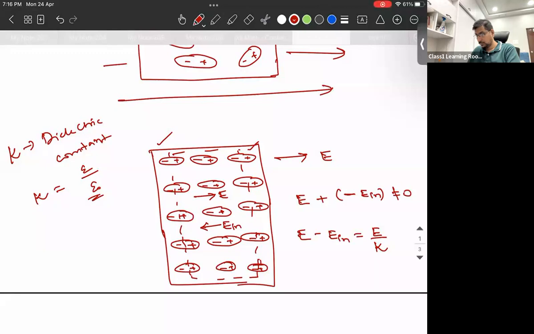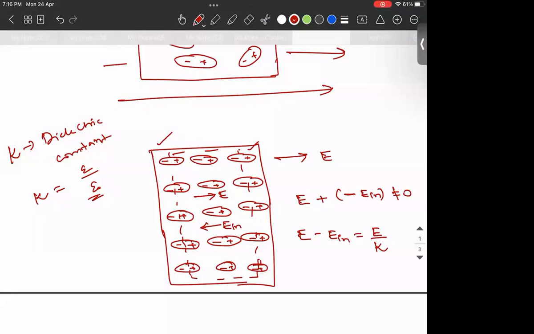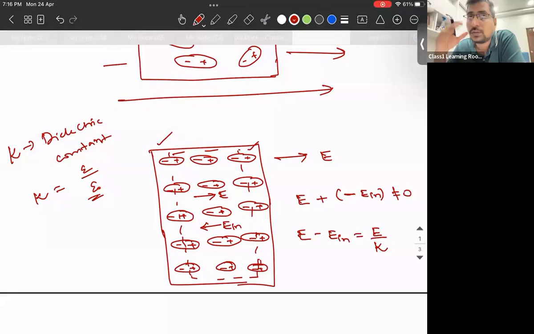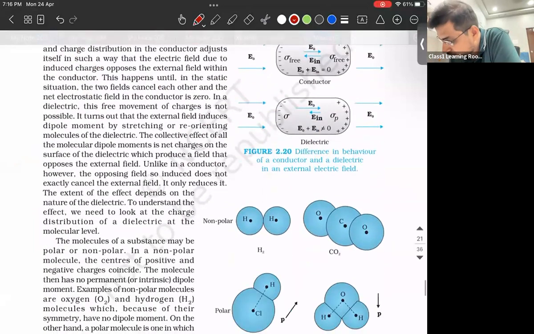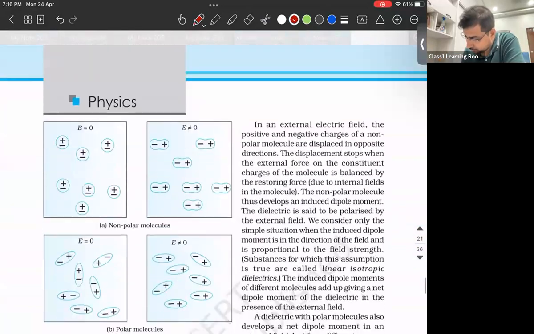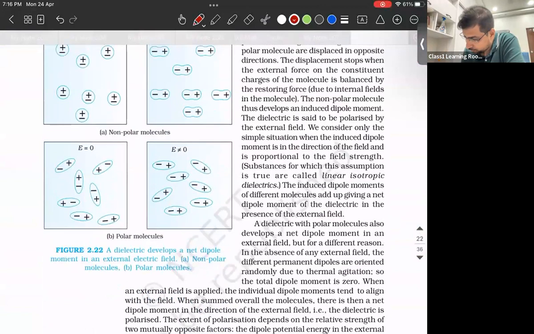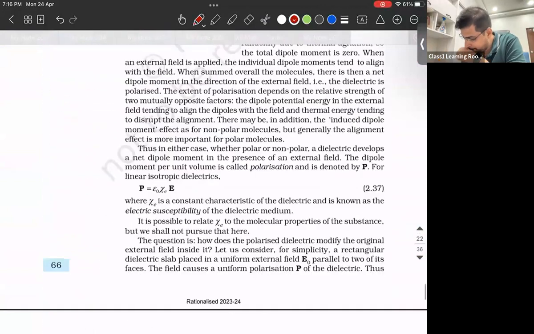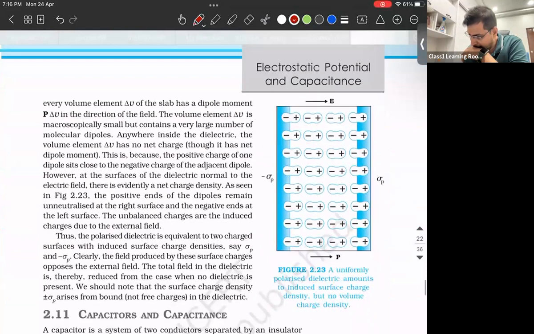Am I clear with this? Yes, sir. So this is what happens inside a dielectric, unlike whatever happens within a conductor. Okay.